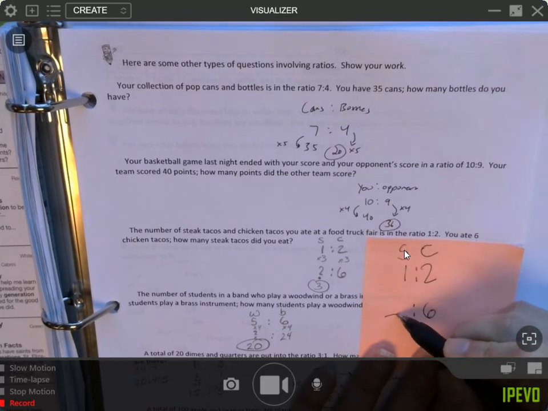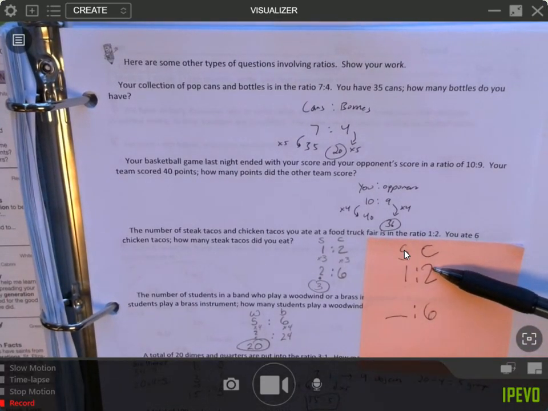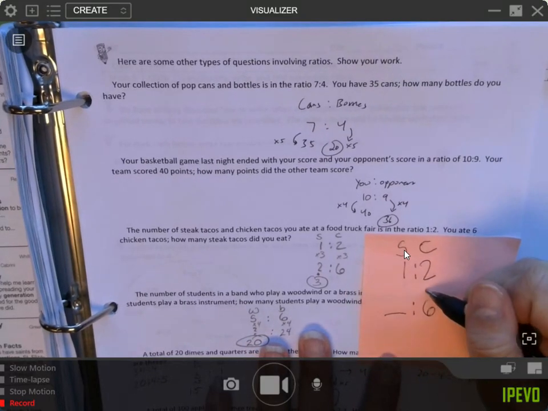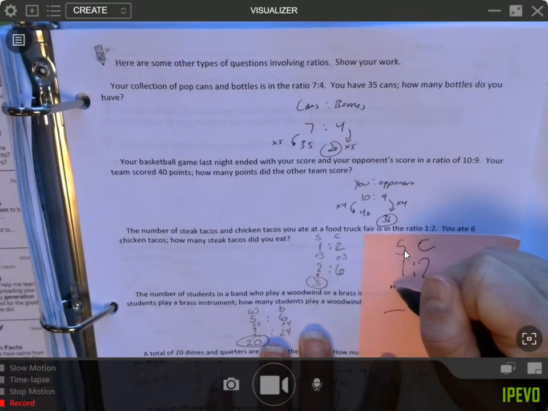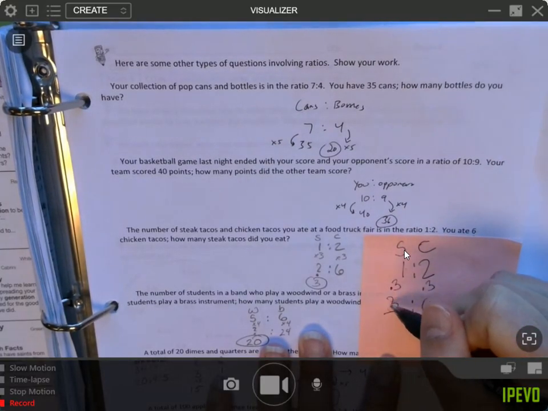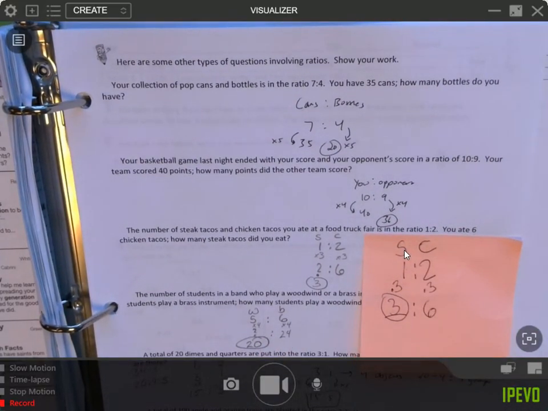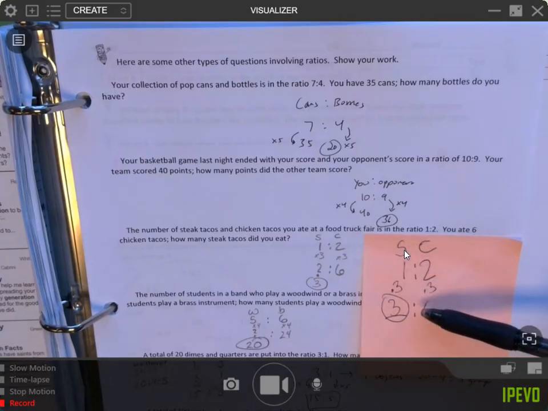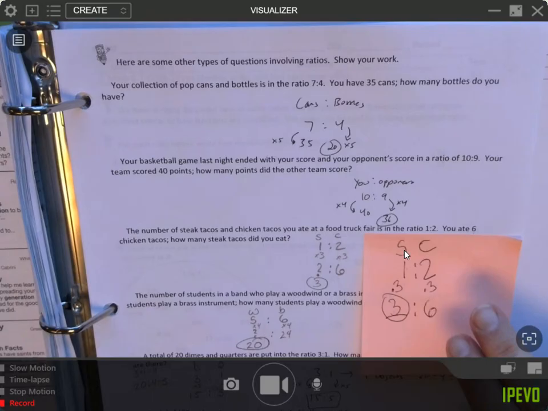That's what I'm trying to find out. How did I go from 2 to 6, James? I multiplied by 3. So I have to multiply by 3 on the other side. 1 times 3 gives me those 3 steak tacos. Okay? So it's really important when we do these that we label our ratios so we can see where the rest of our information is supposed to go.